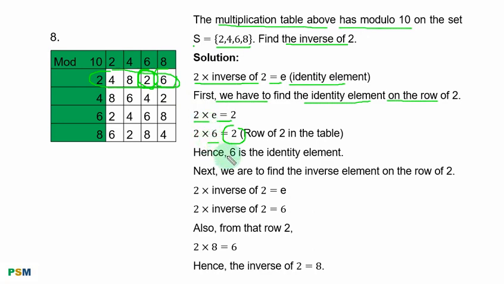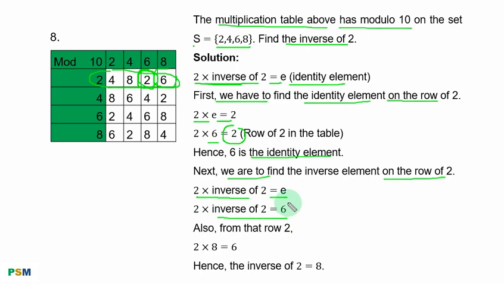Hence, 6 is the identity element. Next, we are to find the inverse element on the row of 2. We come back here. 2 times inverse of 2 is equal to E. Now E is equal to 6.